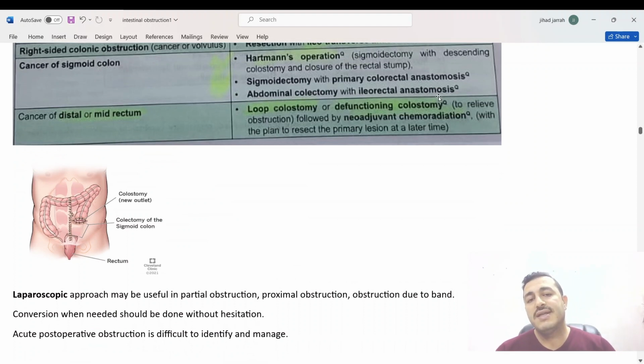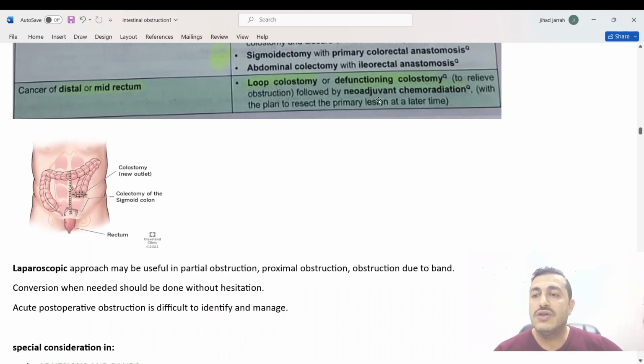One of the surgeries that I proceeded for about 2 months ago was a tumor, I think, in the descending colon, but the whole colon was massively dilated with necrosis of the cecum. So we proceeded for subtotal colectomy, ileocolic anastomosis, and defunctioning loop ileostomy. So this is one of the solutions in emergency surgery.